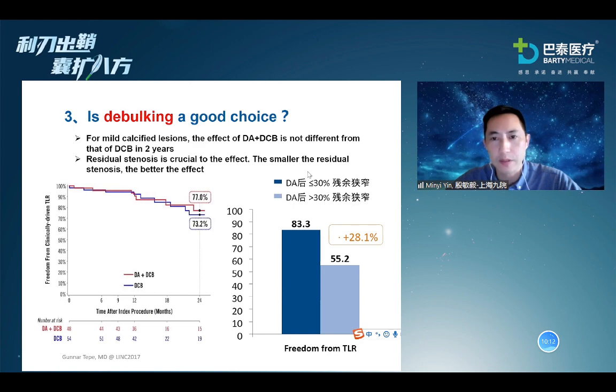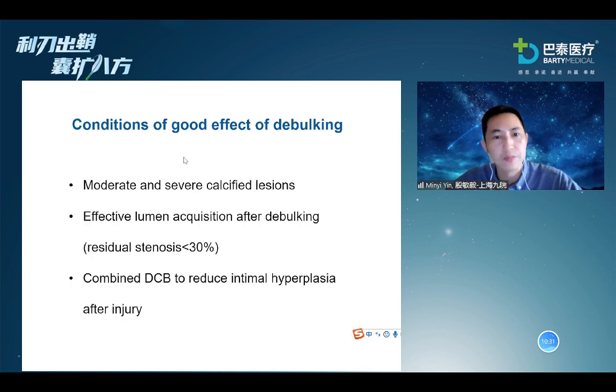Actually, the debulking device has a very complicated mechanism. After the debulking, the residual stenosis should be less than 30%. If we don't do a very good evaluation, and the residual stenosis is more than 30%, the final results may be poor and there may be restenosis.